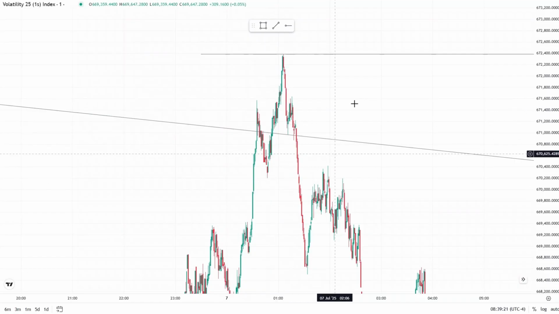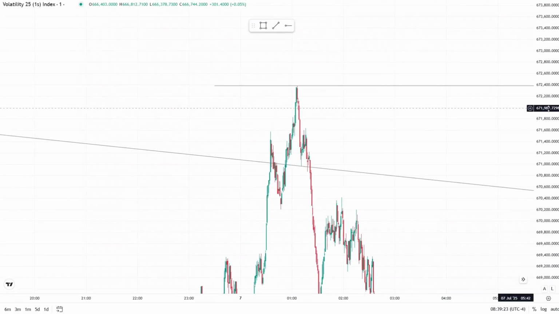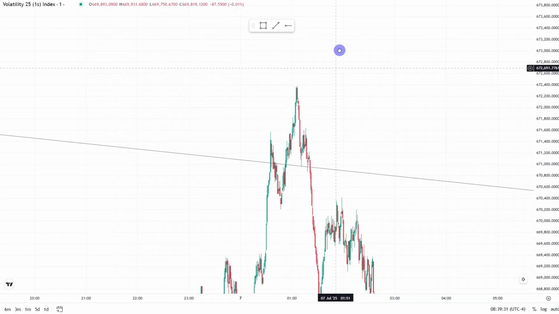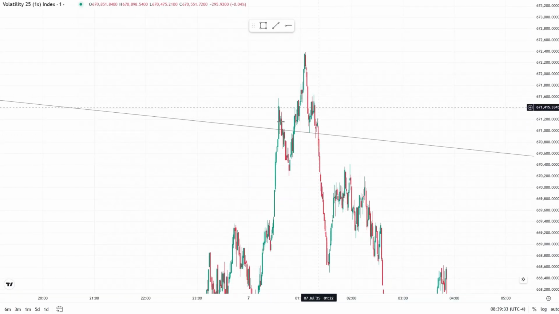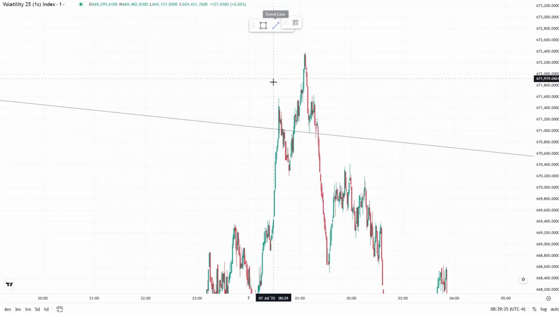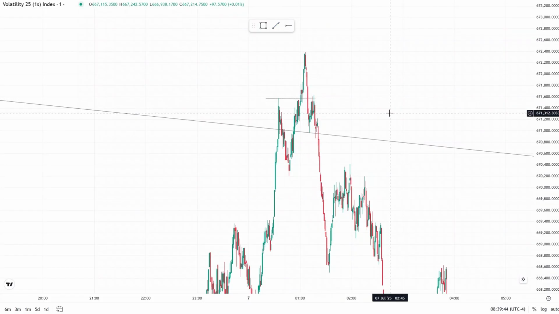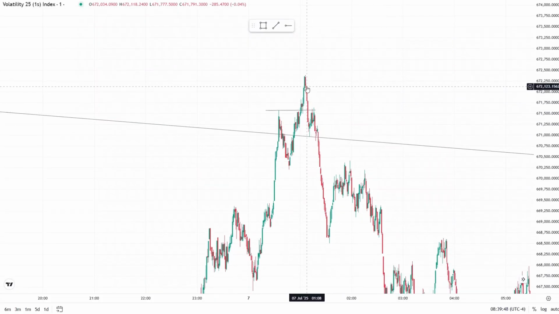Okay, let me not put it like that, but let's just say when price got to this trend line here, let me remove that so you don't get confused, right? When price came back to this area right here, price reacted. That's the first thing we see here. Price reacted, and then after that, price dropped.